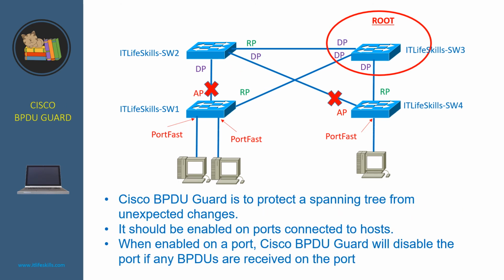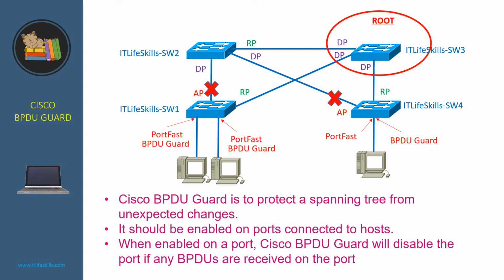Cisco BPDU Guard is a feature used to protect a spanning tree from unexpected change. It should be enabled on ports connected to hosts. When enabled on a port, Cisco BPDU Guard will disable the port if any BPDUs are received on the port. In this network, only these ports should be enabled with Cisco BPDU Guard.